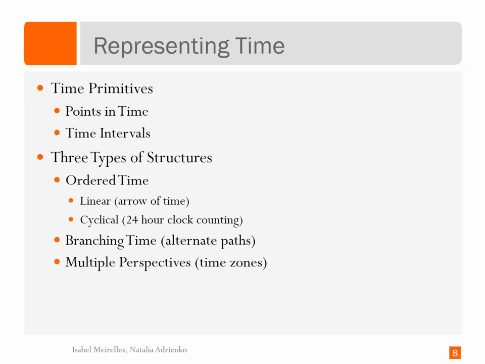So the first one is ordered time. So with ordered time, time can be represented in a linear way, basically the arrow of time. This is probably easiest to think about if I have a data visualization with an x-axis across the bottom, and perhaps I'm just representing quarterly reporting.